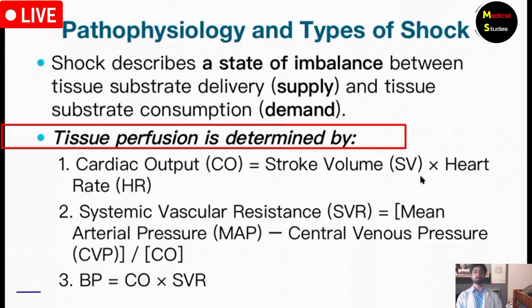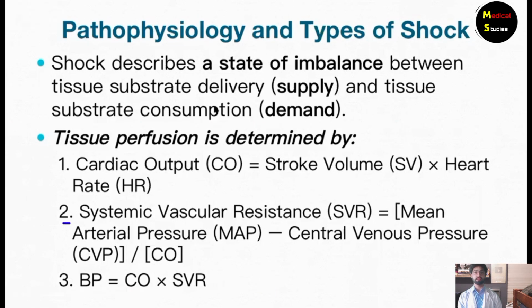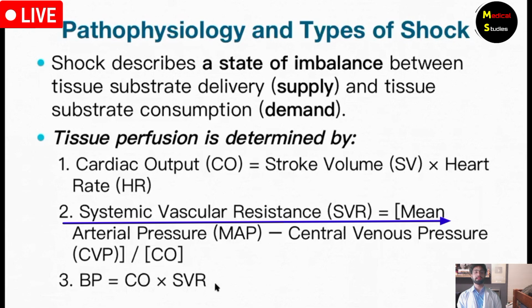Now let's talk about blood pressure. Blood pressure is equal to CO times SVR. These are mostly interrelated. So blood pressure is equal to cardiac output multiplied by systemic vascular resistance, SVR, also known as peripheral vascular resistance. If cardiac output is increased, blood pressure is also increased.